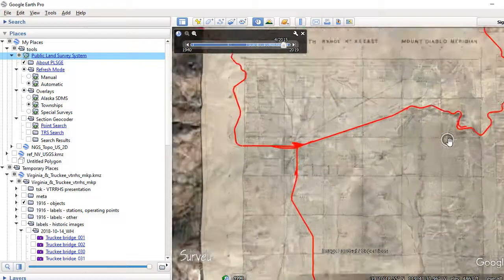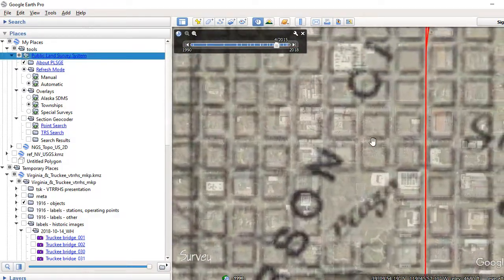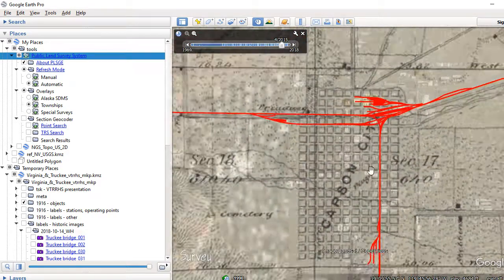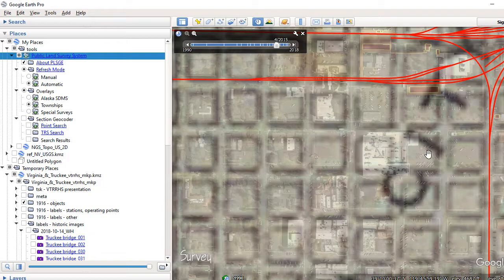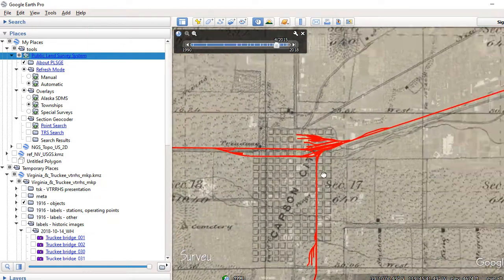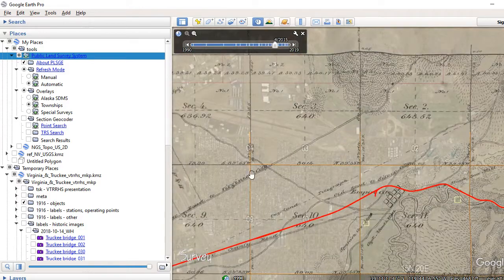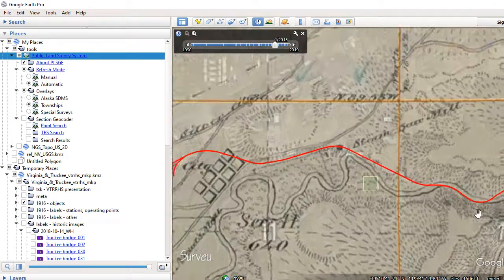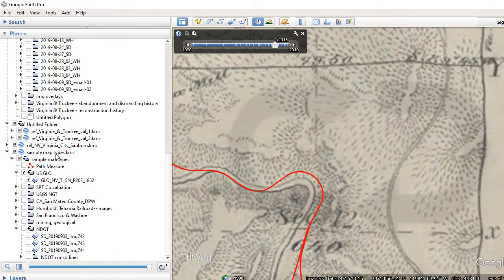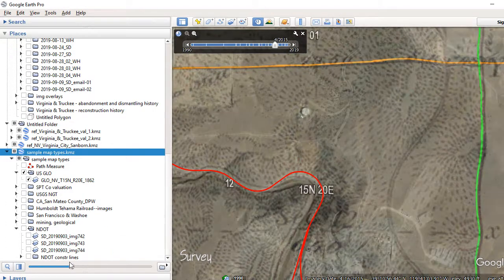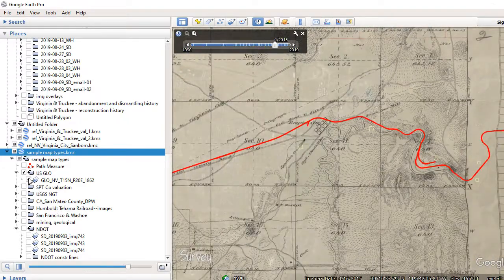I did it this way, and you can see that even at this scale, the information contained in this about both property features and physical features is actually quite remarkable for its quality. There's the river. Now this is of course pre-Virginia and Truckee.